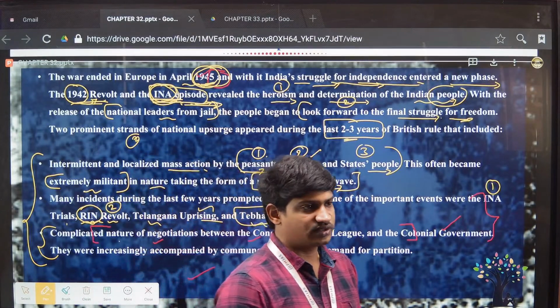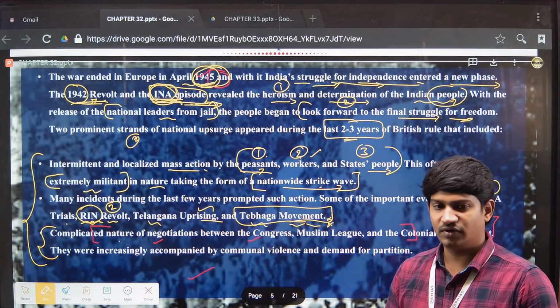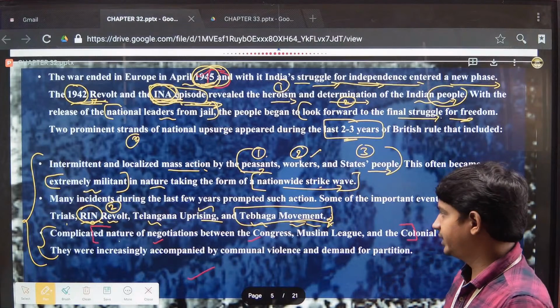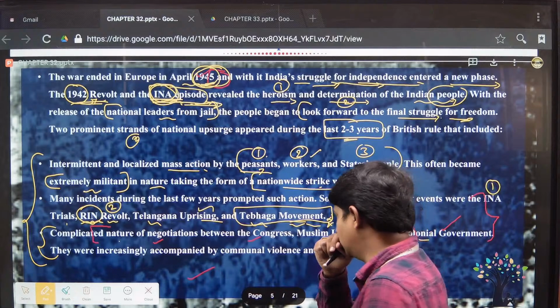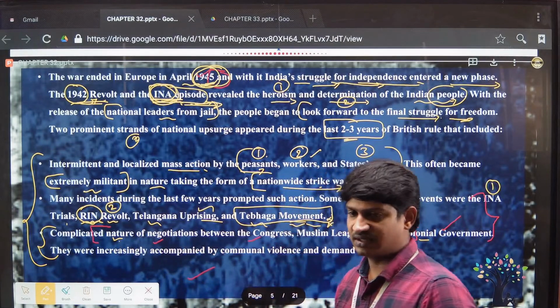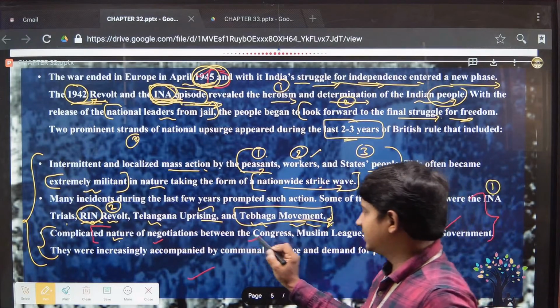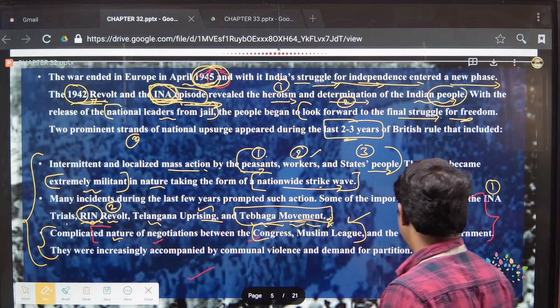The Indian National Congress wanted a united India, but the Muslim League wanted a separate area for Muslim-dominated places. So even though situations and scenarios kept changing, the complications between the Indian National Congress and the Muslim League remained the same.